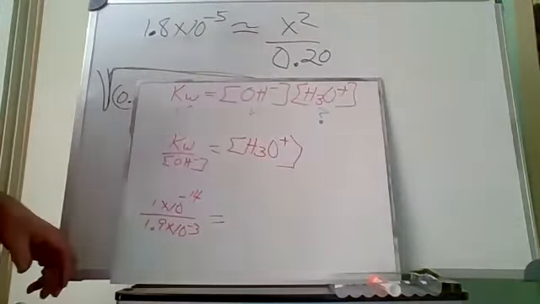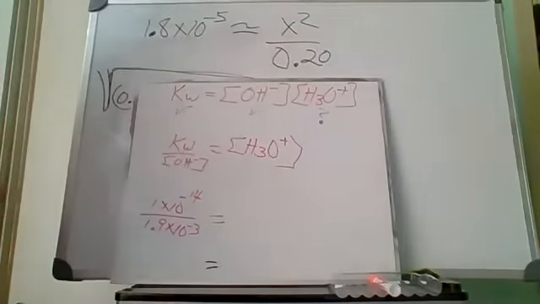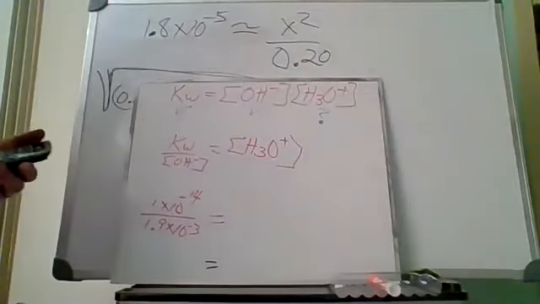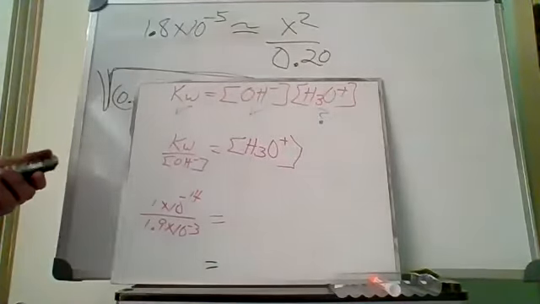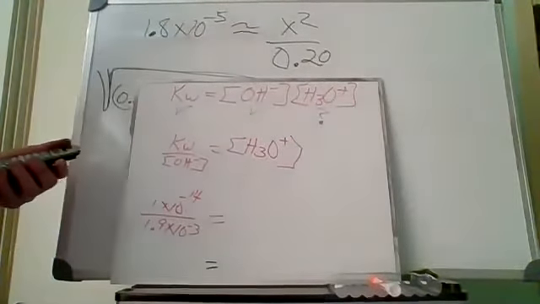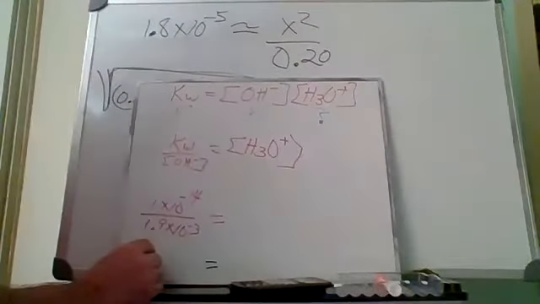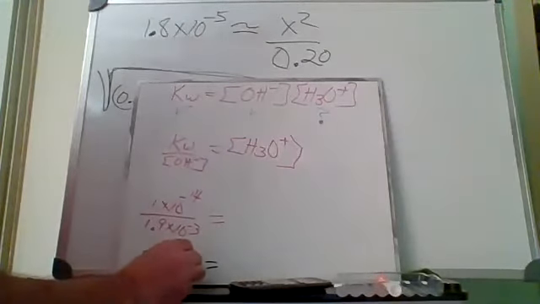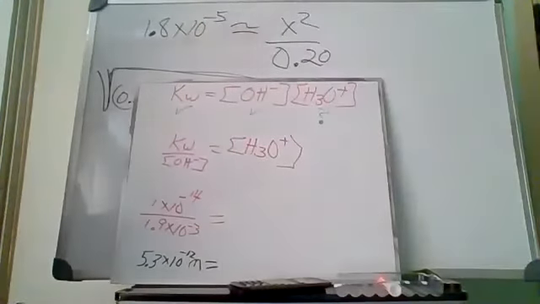Okay? So we get out our little calculator. 1 times 10 to the negative 14 divided by 1.9 times 10 to the negative third equals 5.3 times 10 to the negative 12 molar. Don't forget to put a unit on it.